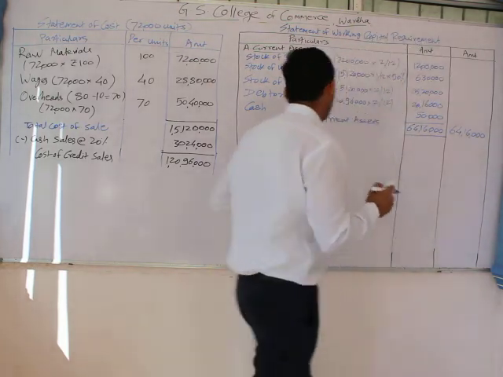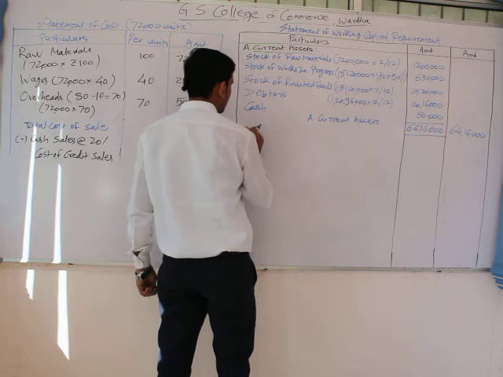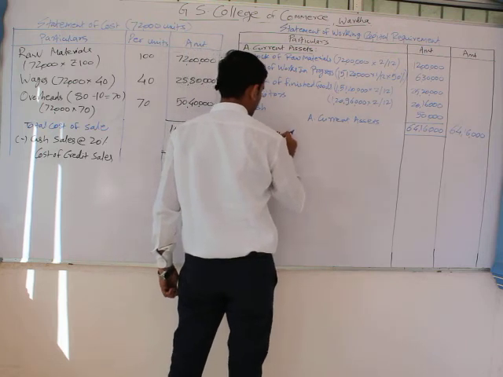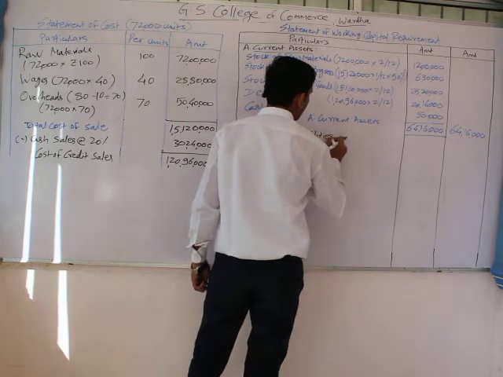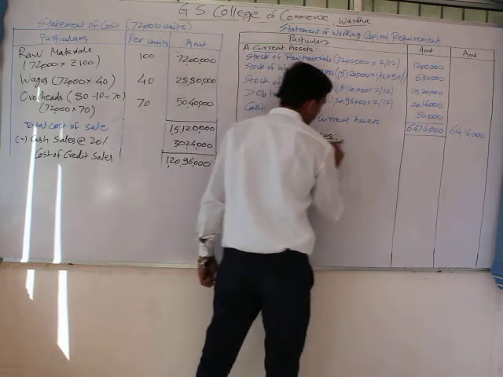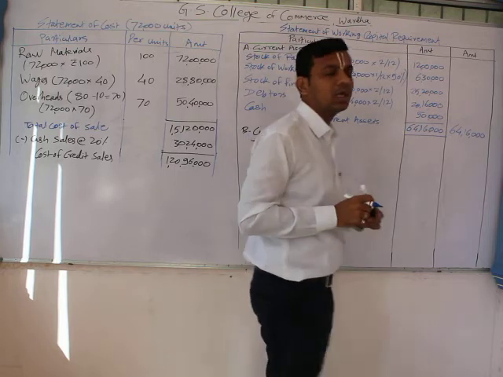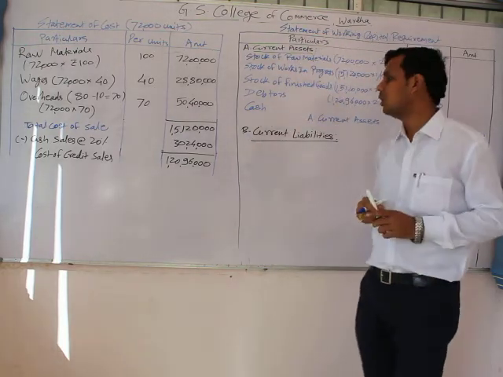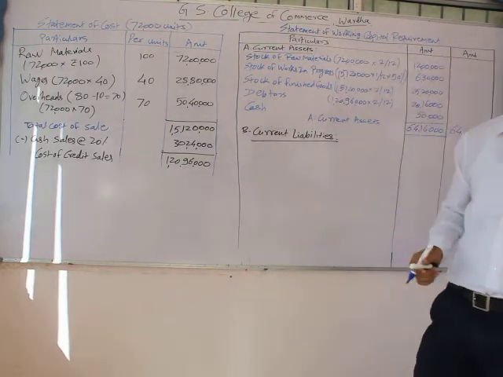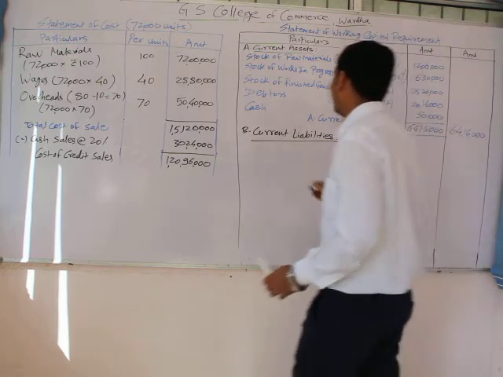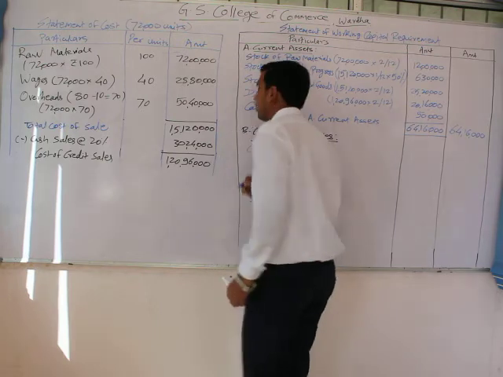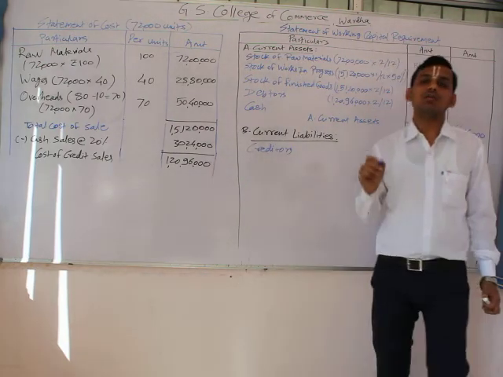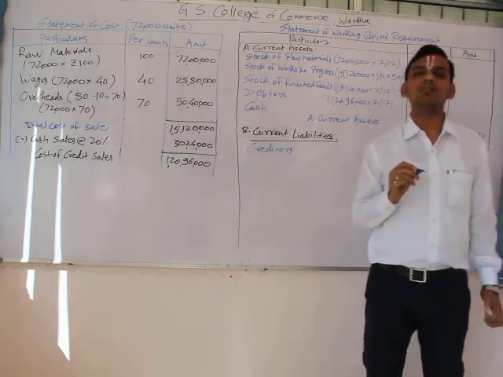Now we can start with our current liabilities. We have to take the current liabilities for the purpose of the calculation of the working capital requirement. The very first current liability would be creditors. Creditors are the persons from whom we have availed the facility of raw material, who have supplied us the raw material.